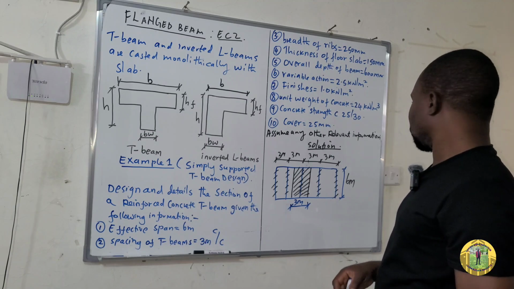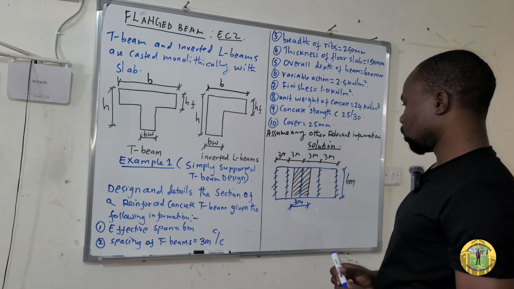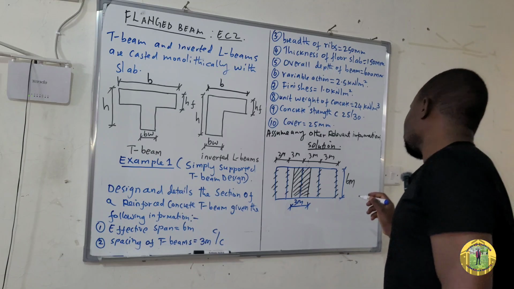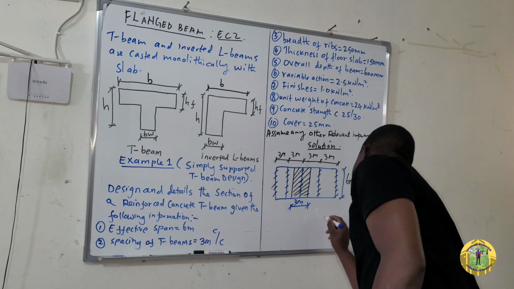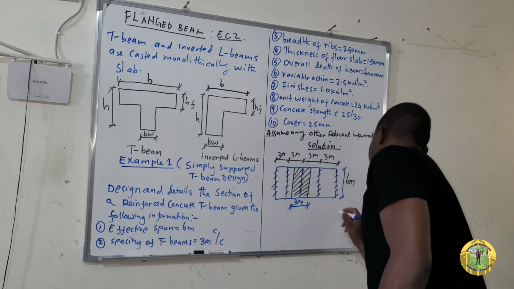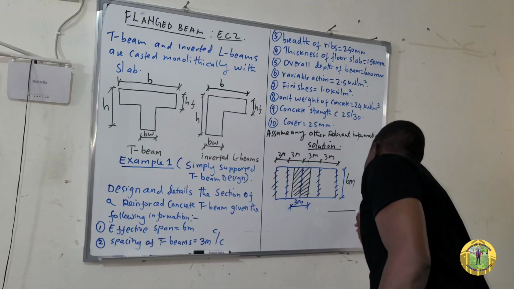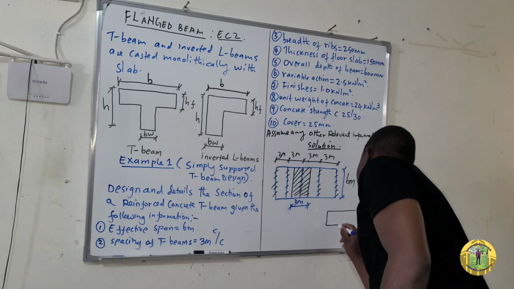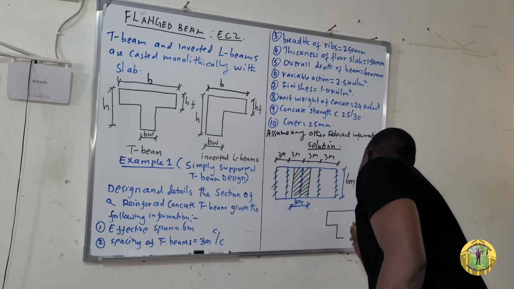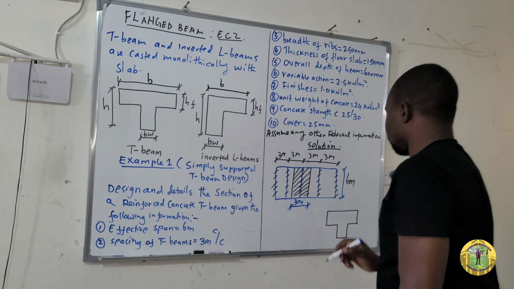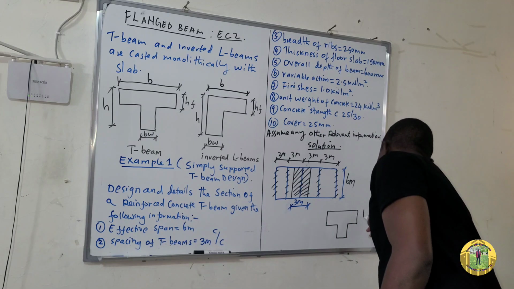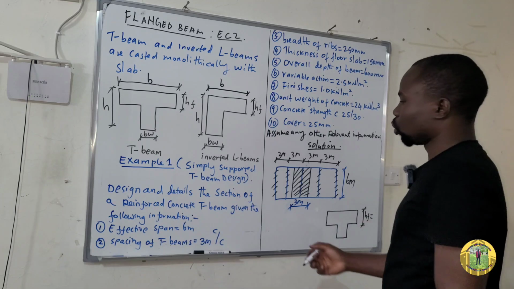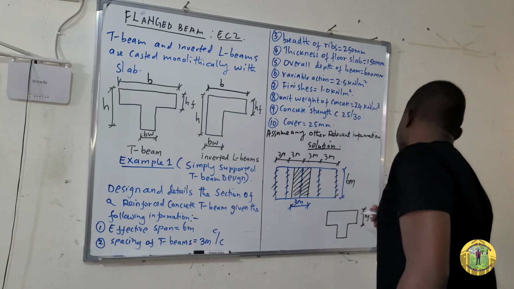After having done so, we can as well draw the section of this beam. Now this one is the thickness of the slab, which is HF, and is equal to 150 millimeter.